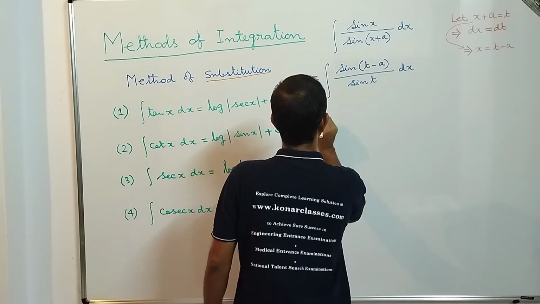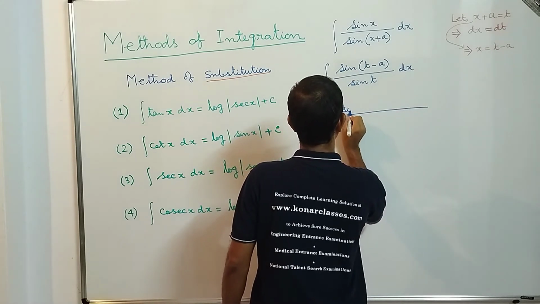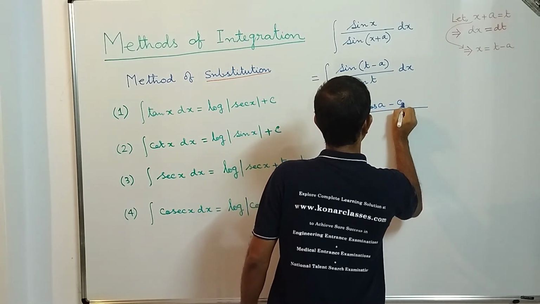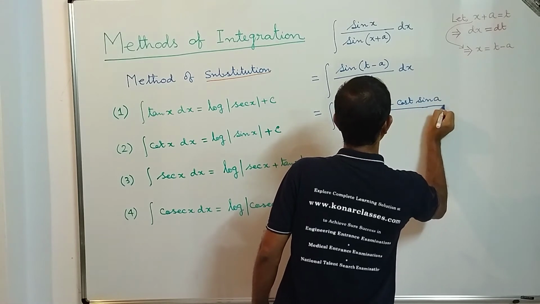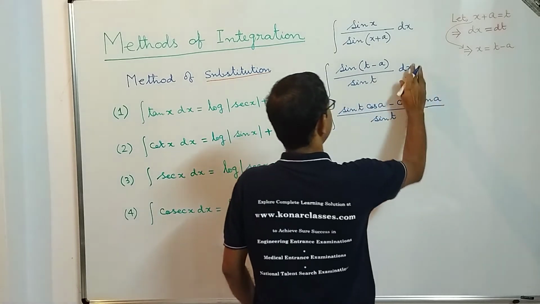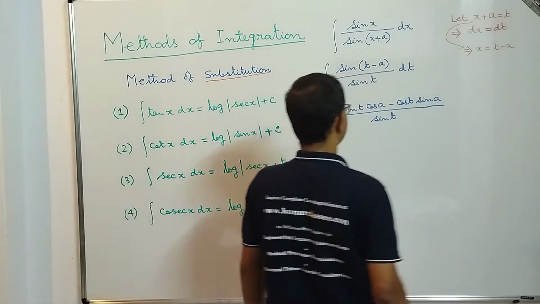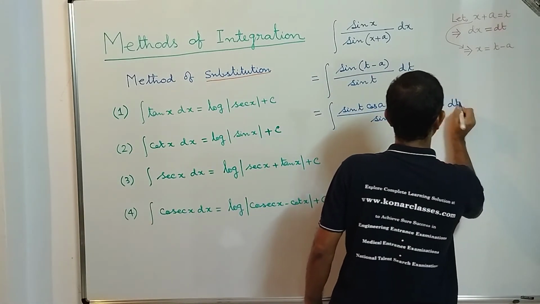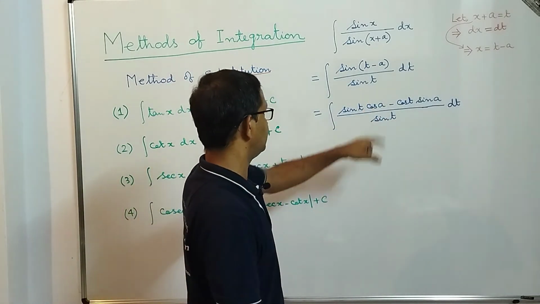So in the numerator, dear students, we get sin t cos a minus cos t sin a, divided by sin t. Sorry, here it will not be dx, it has to be dt, because we have already made the substitution, so dx should be dt.